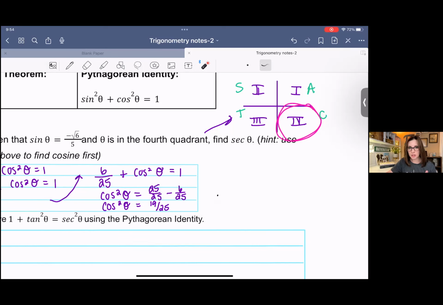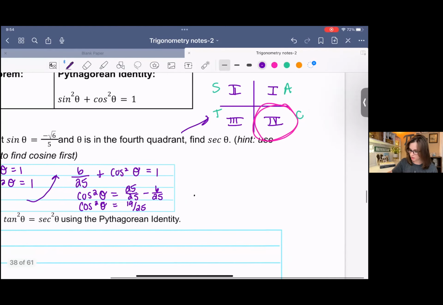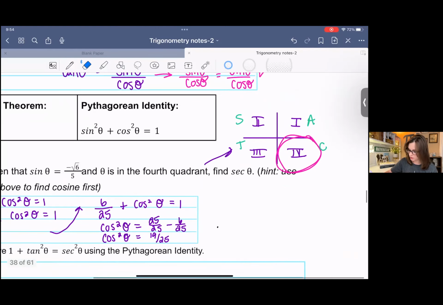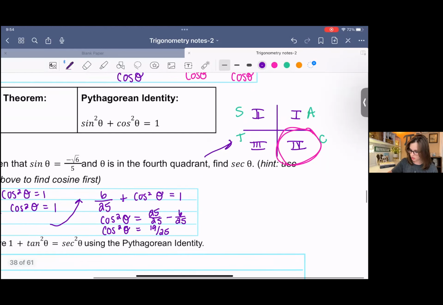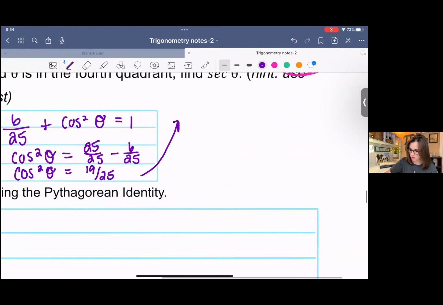So I only need to consider the positive square root answer. I'm going to continue again. Sorry about the lack of space here. Cosine theta equals the positive square root of 19/25. I can simplify that. Square root of 19 over square root of 25, which is 5.